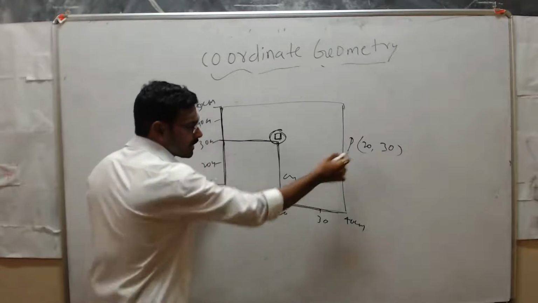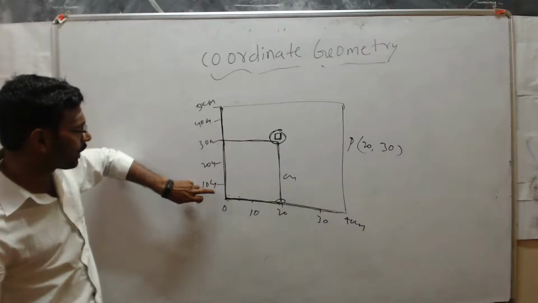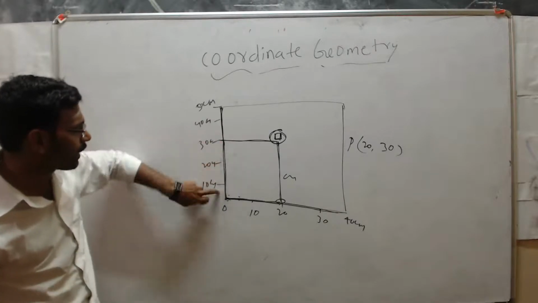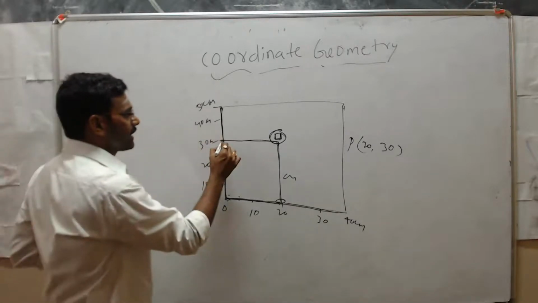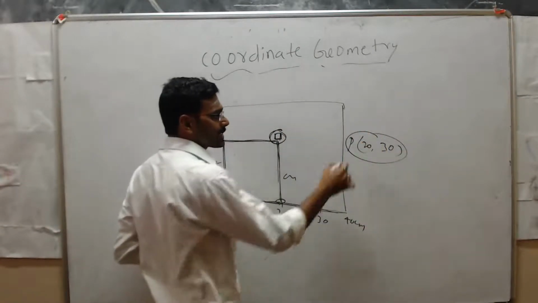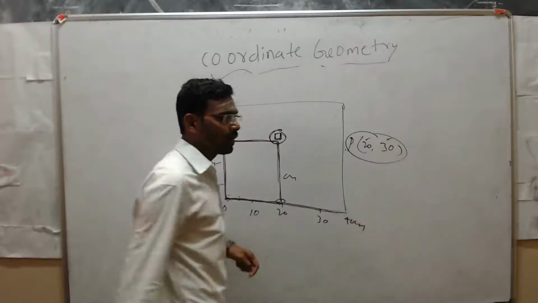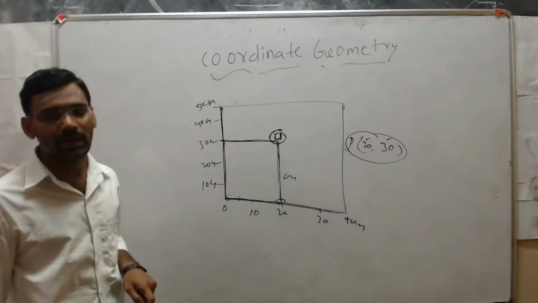According to the y-axis is how much? 30 centimeter. Therefore, the position of the book is (20, 30), considered as P, x-coordinate (abscissa) and y-coordinate (ordinate).